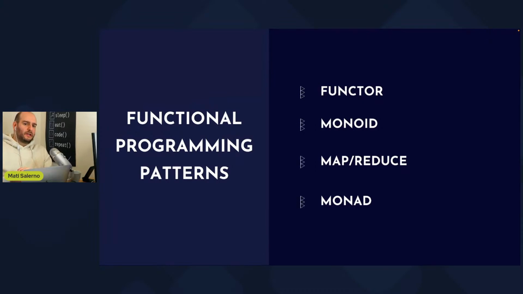So we took a look at some of the functional programming patterns, like the functor pattern, the monoid pattern, the map reduce pattern, and the monad pattern. We learned all about how they work, some of the math foundation for these patterns, and how we can use them in Java.